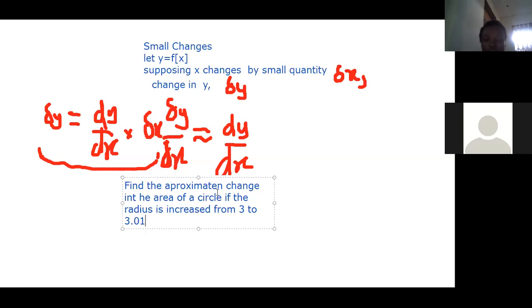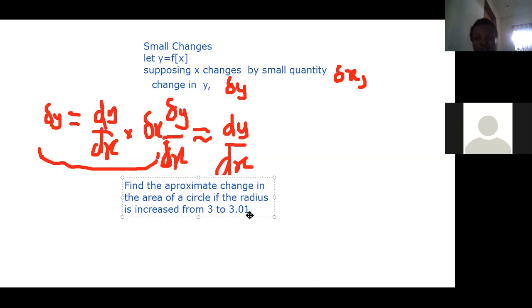So find the approximate change in the area of a circle, if the radius is increased from 3 to 3.01. So there's the initial radius and it has been increased. The increment brings a change.